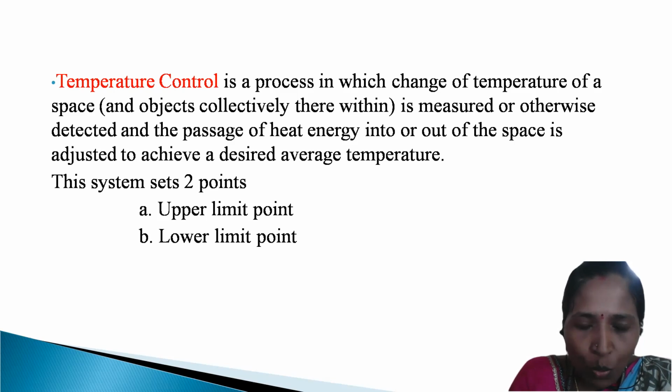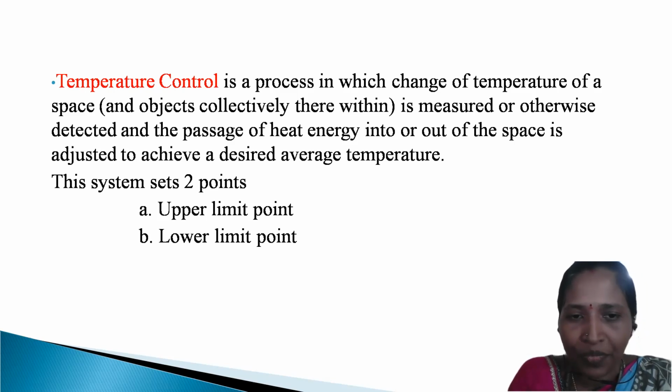It totally depends upon the temperature. It turns on the fan when the temperature reaches the upper limit point, and turns on the heater when the temperature reaches the lower limit point. For that purpose it uses these two points, and the output is a fan or a heater.